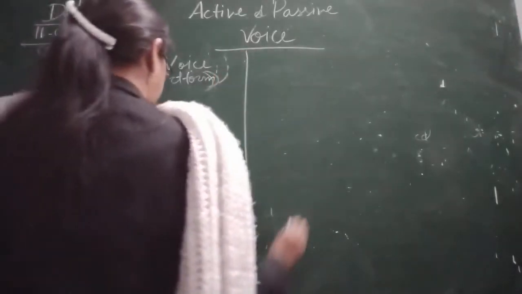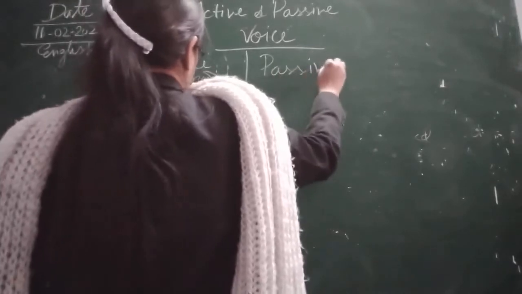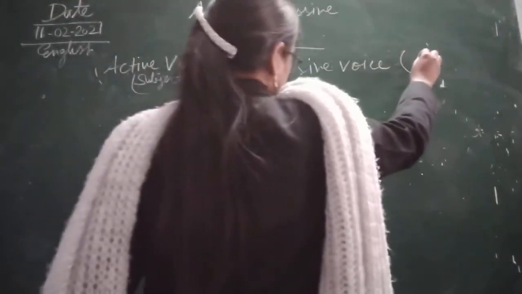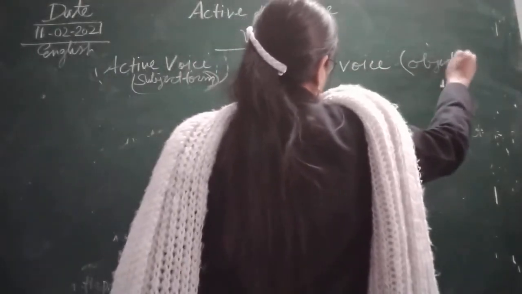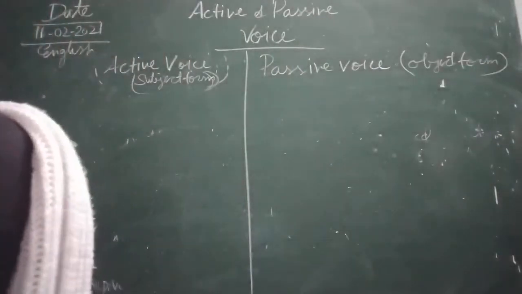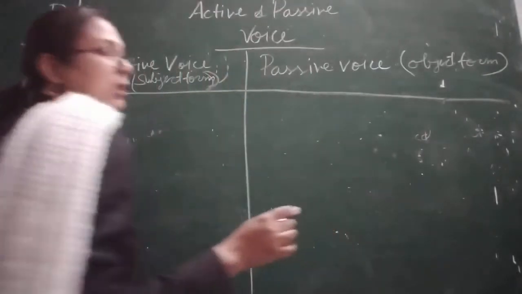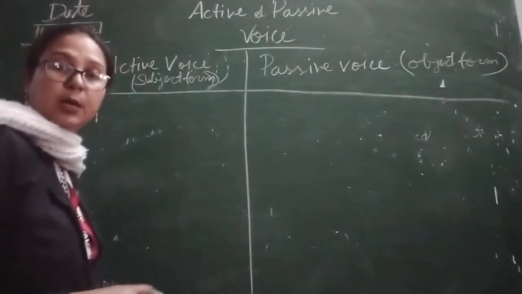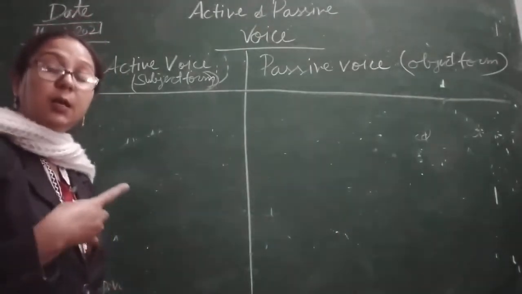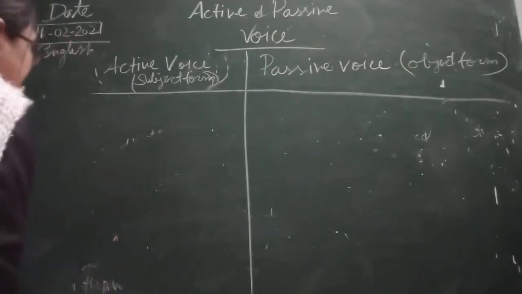Now here I am going to write passive voice, object form. Okay, children. Now in the passive voice, we are changing pronouns as we have done in direct and indirect speech. Similarly, we will do it in active to passive voice.